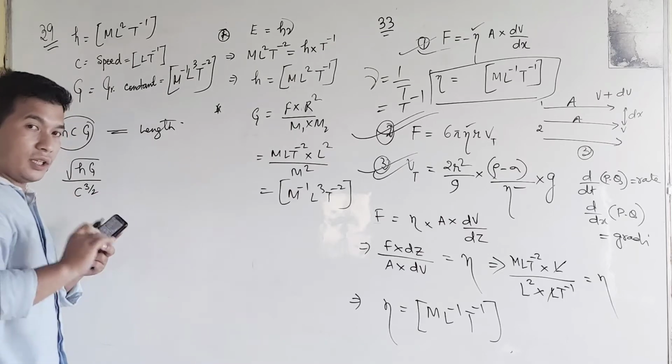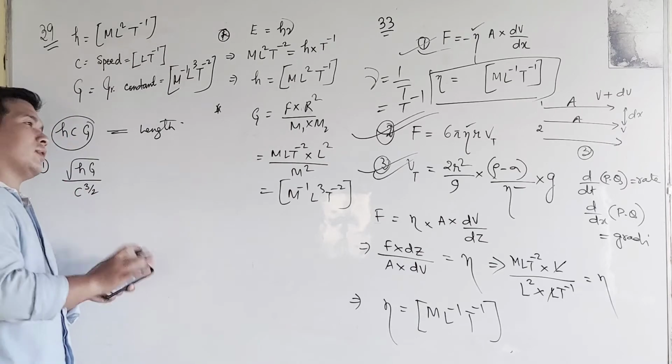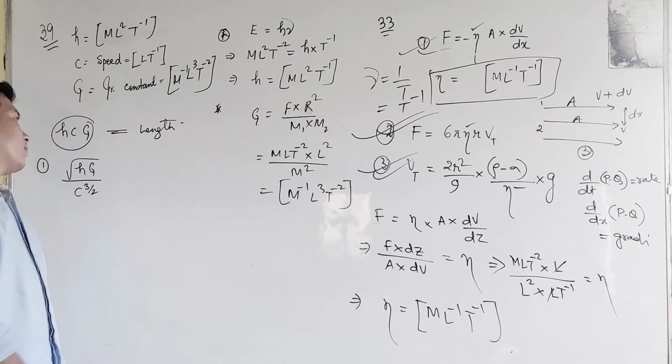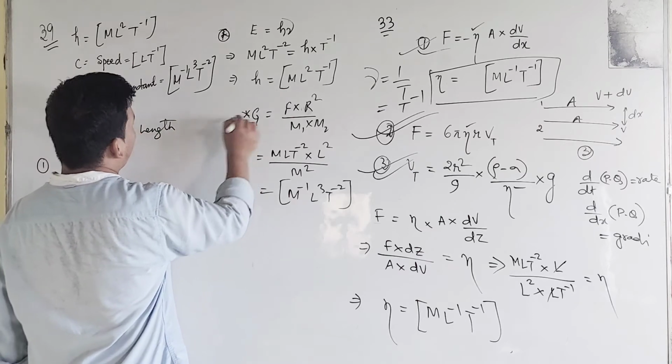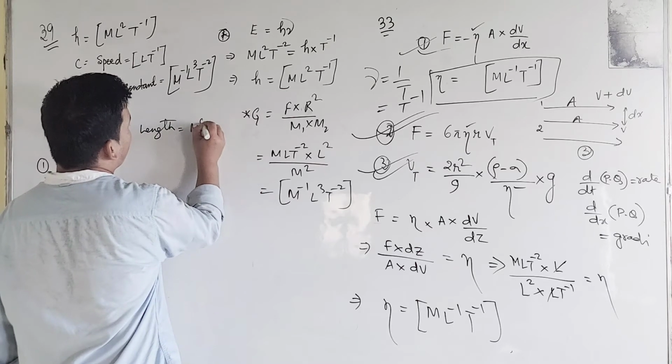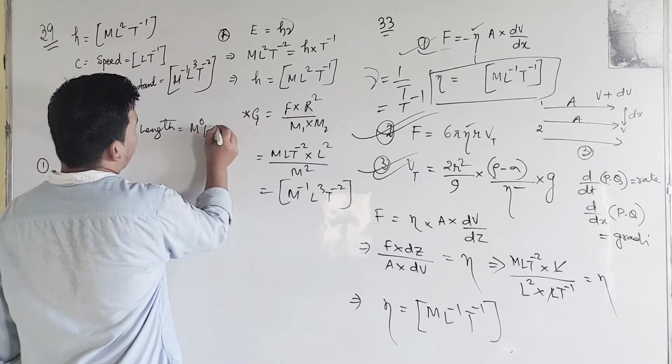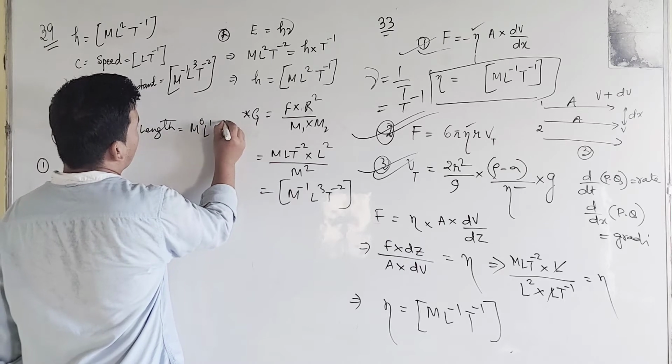Here I will give you one more shortcut. How will you express the dimensional formula of length? It will have mass power equal to 0, length power equal to 1, and time power equal to 0.